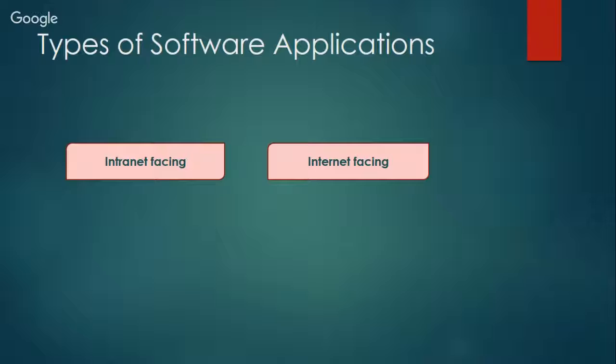Anyone can come and register for the system, and we don't have much control over how users are going to come, or over spikes in our system due to a huge amount of load. We cannot control that in this kind of application. So internet facing applications are difficult to manage in terms of application performance, or I can say for all the non-functional requirements.